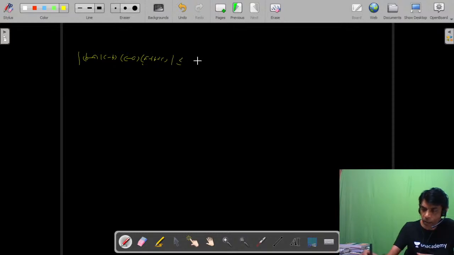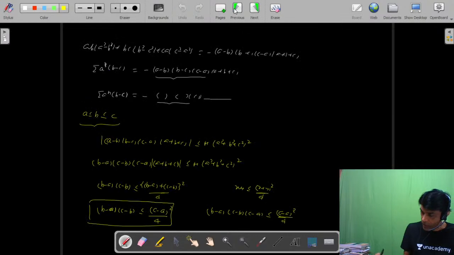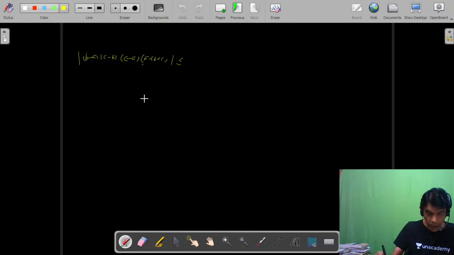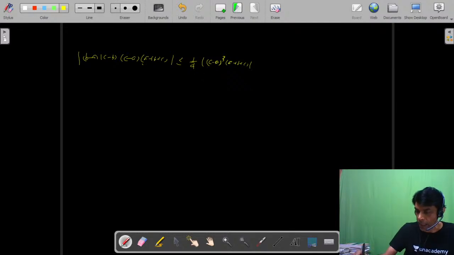This is less than or equal to, let me check what we wrote last, |C−A|³/4, right? So we wrote 1/4 times |C−A|³ times |A+B+C|. Let me deal with this |C−A|³. It's not symmetric. I don't like that.